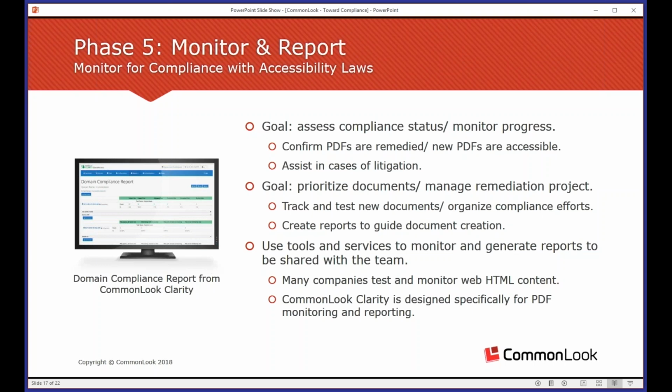Machines can't test everything. For example, the color checkpoint can be a tricky one. The rule is don't use color as the only way of conveying information. The problem here is that while a machine can automatically test and detect color changes in a document, the only way to tell whether or not color is the only way that information is being conveyed is to actually look at the document, read it, and figure it out from there.